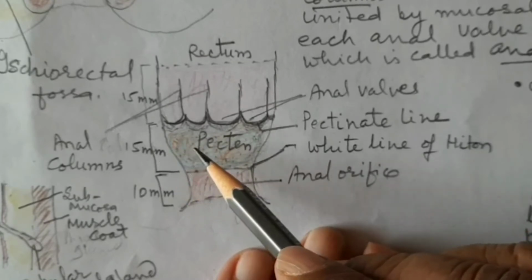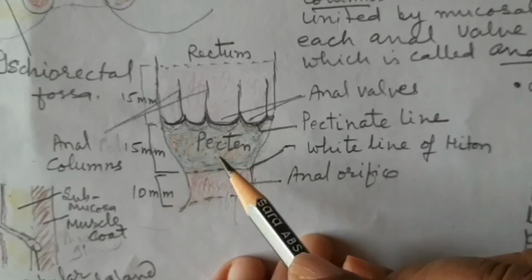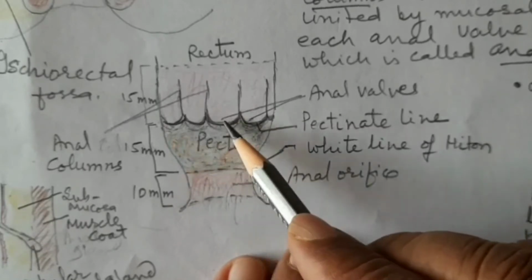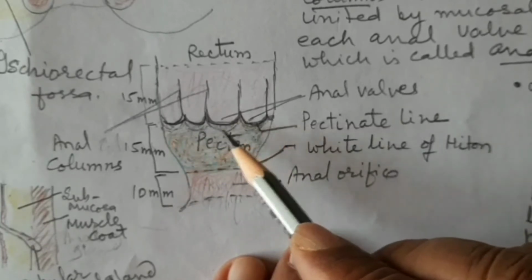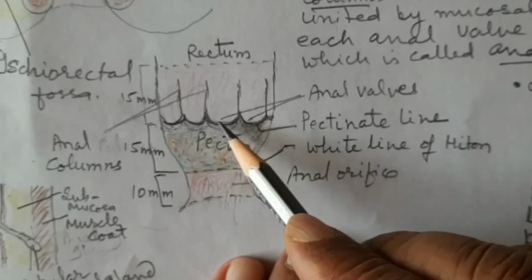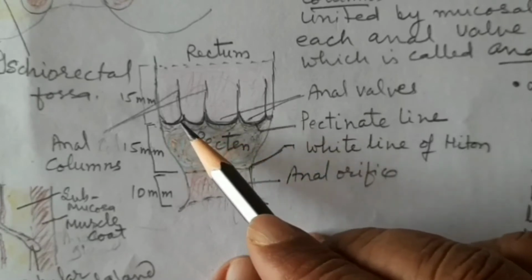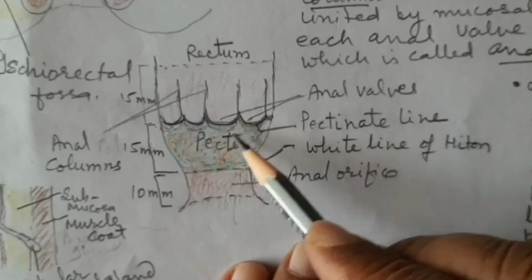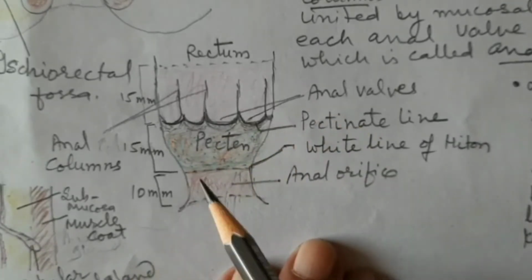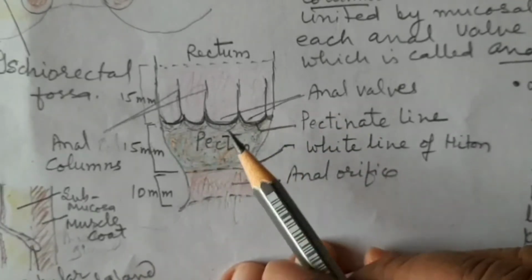They form a projecting mucosal fold, and between the columns these are the anal valves. So there were 6 to 10 anal columns, and in the same way there will be 6 to 10 anal valves.